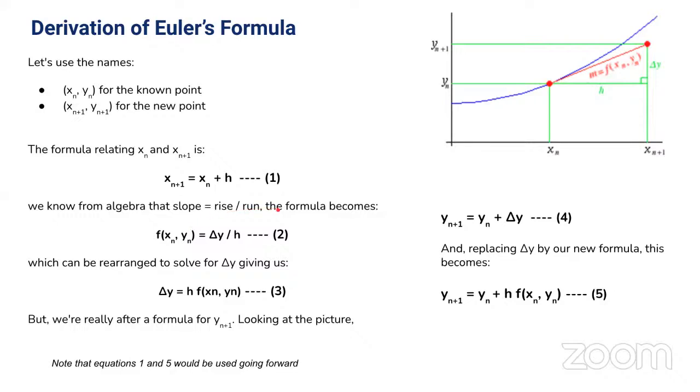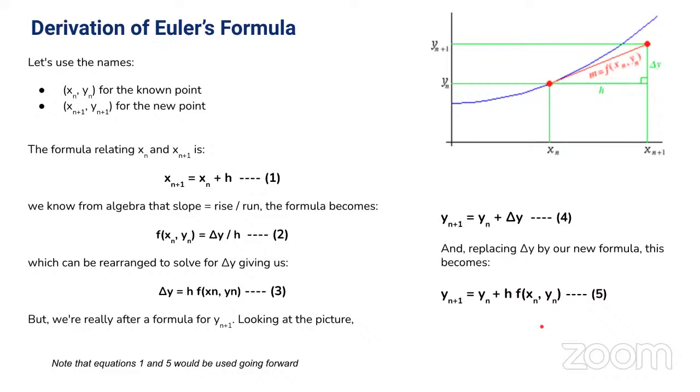So I was saying that our y of n plus 1 is also going to be our y of n plus our delta y, or change in y, which is represented here as equation 4. Now, if we take our delta y, which we have deduced from equation 3, and replace it in the formula for equation 4, we would notice that our y of n plus 1 equals our y of n plus the product of our h, our step size, and the function f of x of n and y of n.